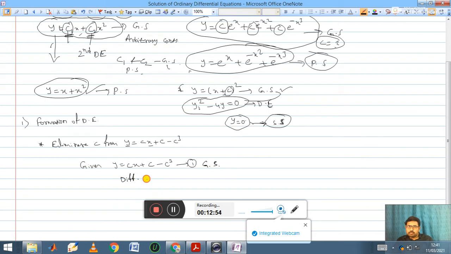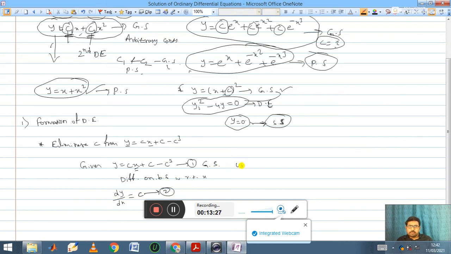Differentiate on both sides with respect to x. Then on the LHS you get dy by dx equals, differentiation of x is 1, so it gives c, plus differentiation of the constant c is 0, and differentiation of c cube is also 0. Then your c value is dy by dx. Take it as equation 2.